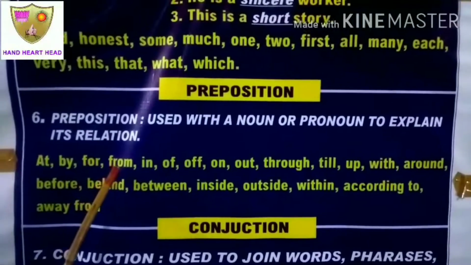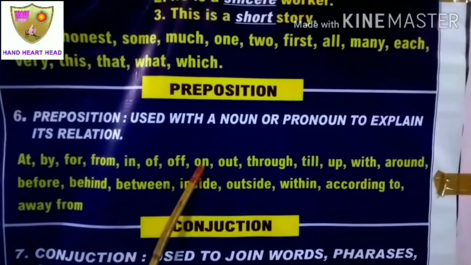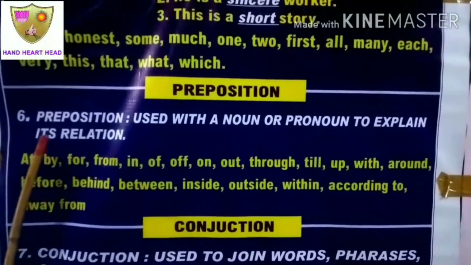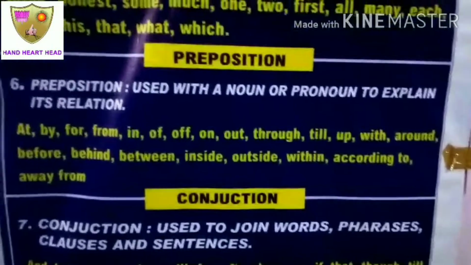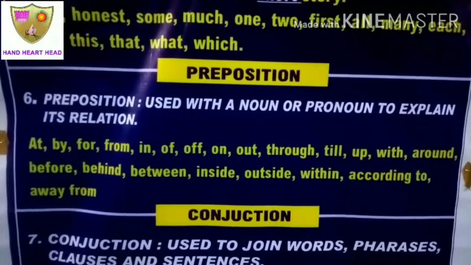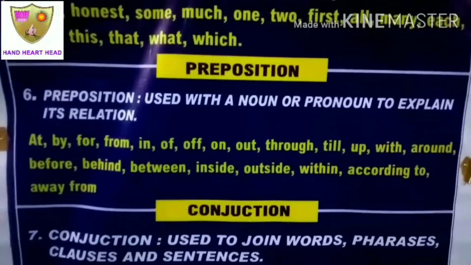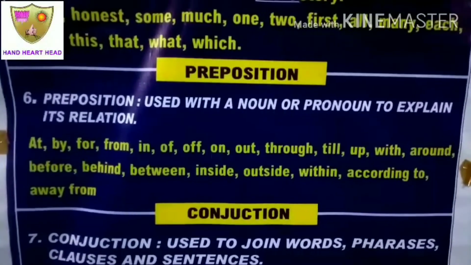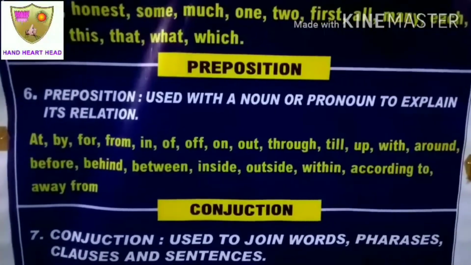For, from, in, of, on. These are the preposition. For example, my brother returns from America. From is a preposition. You are all sitting on the floor. On is the preposition.